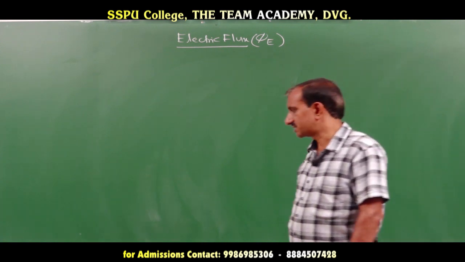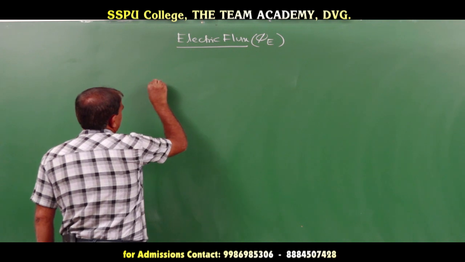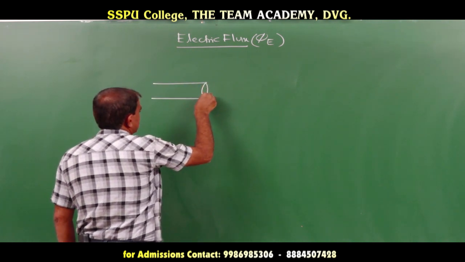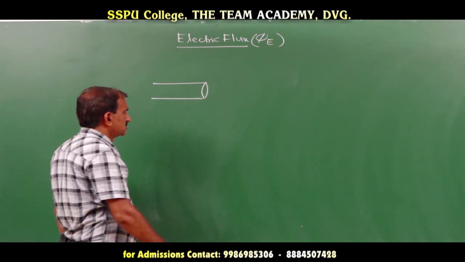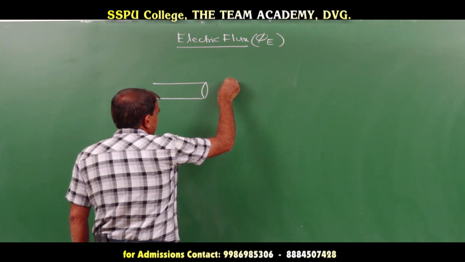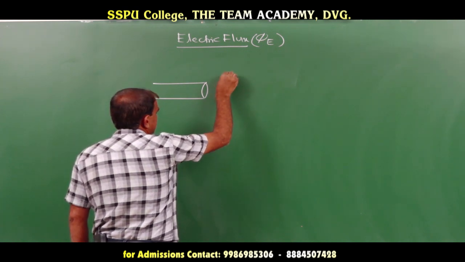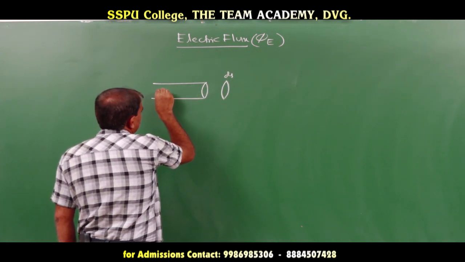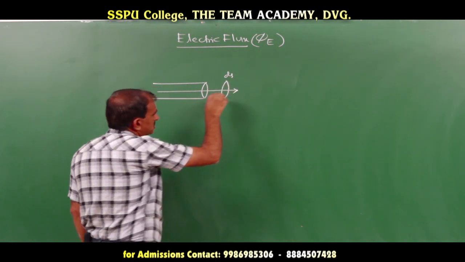Let us explain the electric flux here. Let us consider a pipe, a cylindrical pipe, for example a water pipe. Let a small area, a metal ring of small area ds, be held near the pipe. Suppose the water flowing through the pipe can also flow through the surface area ds.